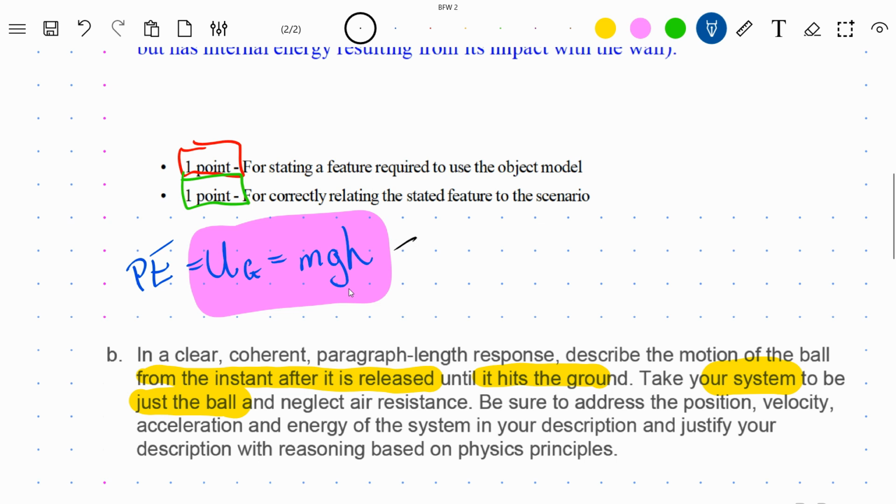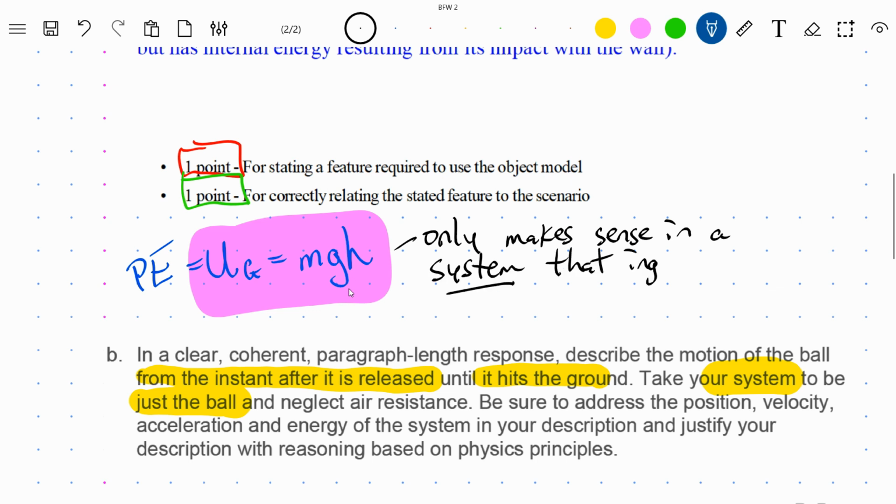So this equation only makes sense, let's say, in a system that includes both the object of mass m, which is directly referred to in the equation, and the planet.